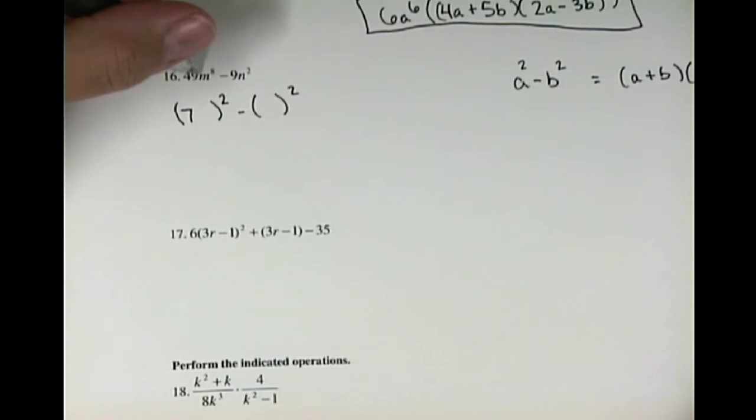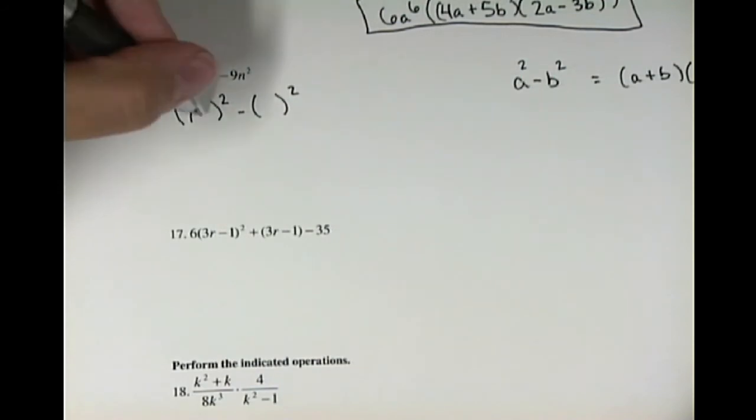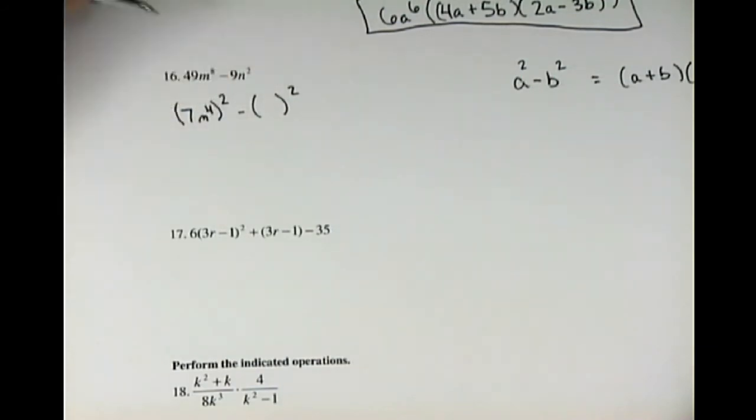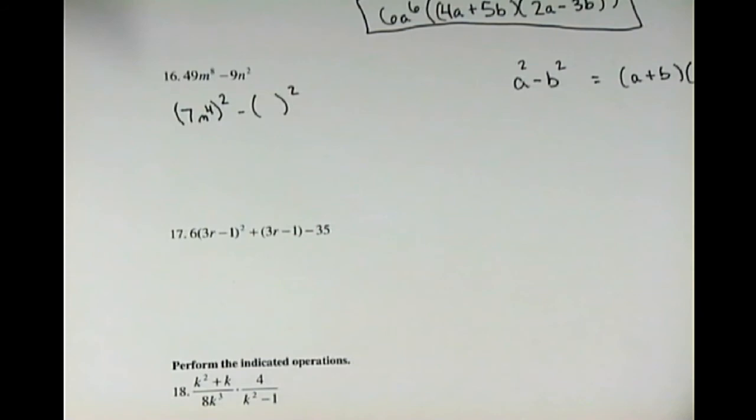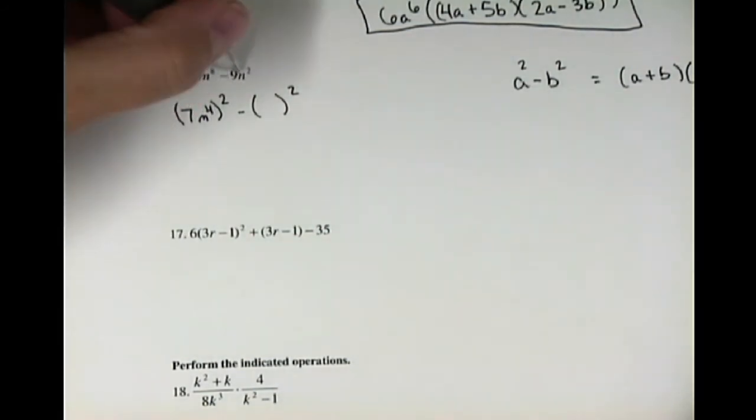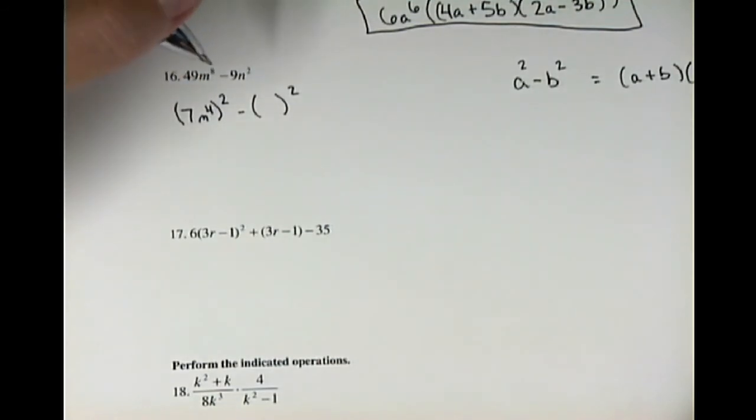And basically the square root of m to the 8th would be m to the 4th, because properties of exponents say when you distribute this exponent, you're going to be multiplying. So check, make sure if you distribute this, you would get what you had, and you do. The square root of 9n squared is just 3n.